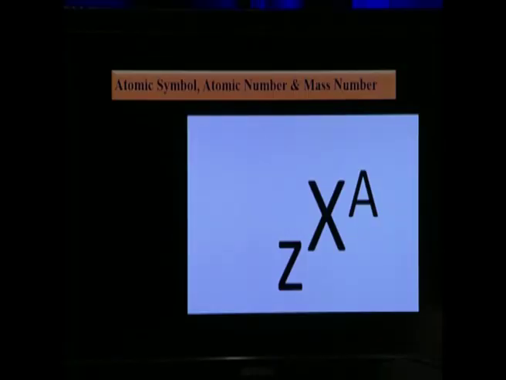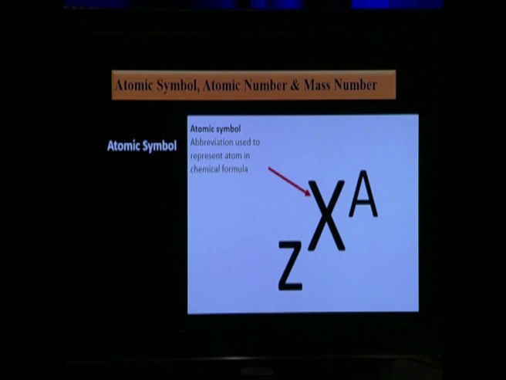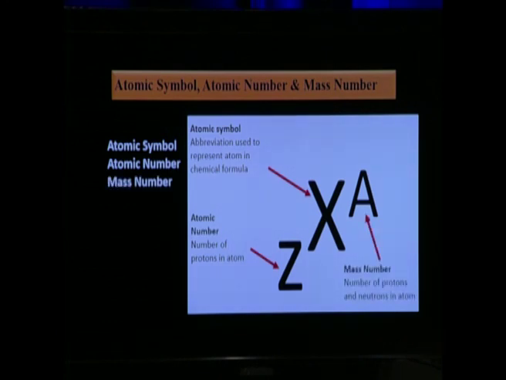We will look at it one by one. So atomic symbol is abbreviation used to represent atoms in chemical formula. We have atomic number, which is the number of protons present in the atom. Next we have mass number, which is number of protons and neutrons in an atom.